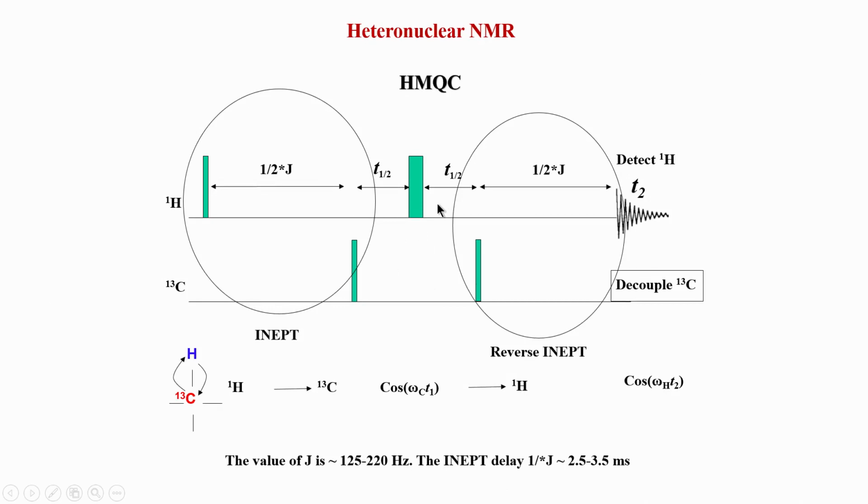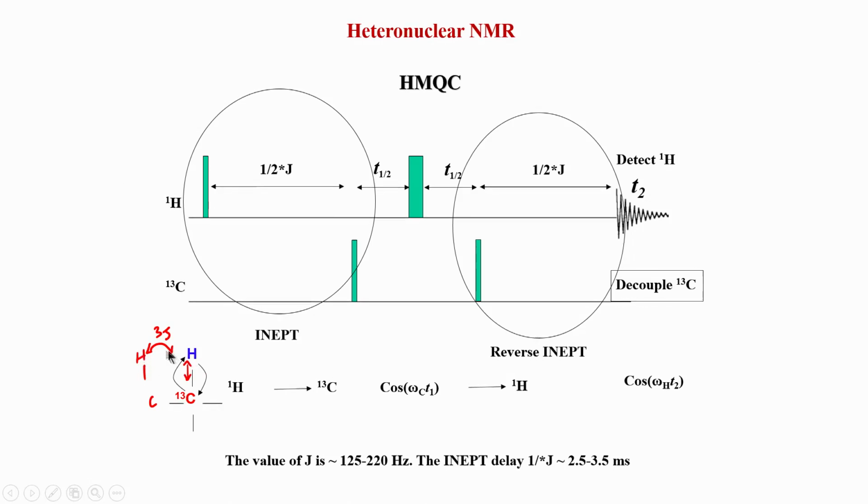For example, if there is a proton attached to another carbon here, this coupling, which is a 3 bond J coupling, is surely active, it is not decoupled. What we have decoupled is proton to carbon. We have decoupled these 2 interactions, but we have not decoupled this interaction.